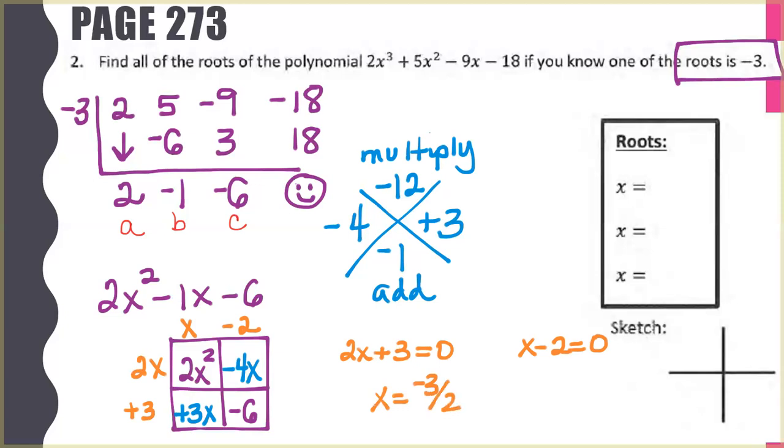So -3/2. And my second answer is +2. So my three solutions are the one that they gave me, which is -3, and then -3/2 and +2.